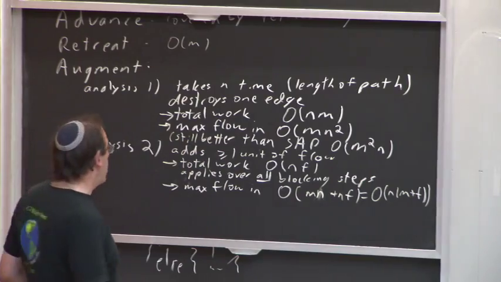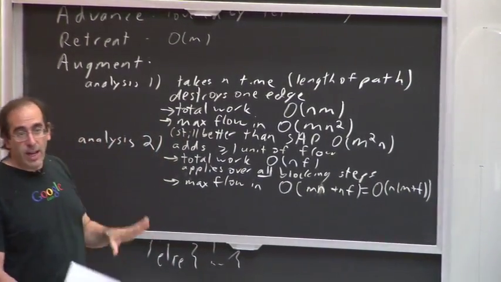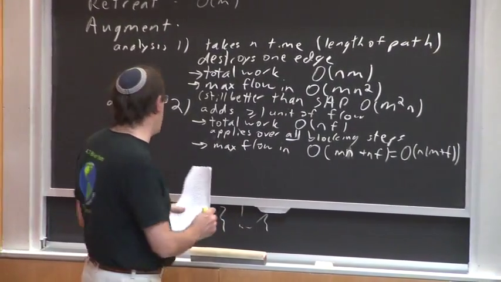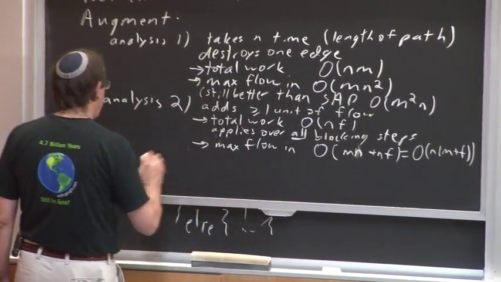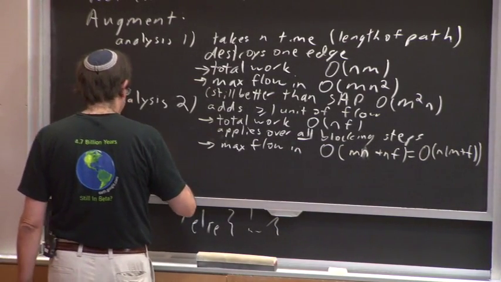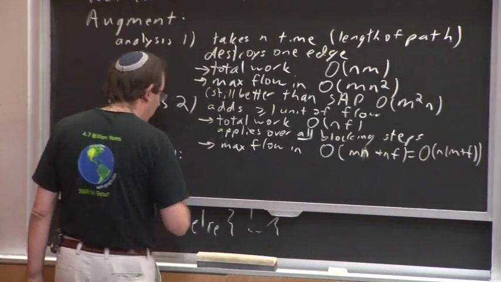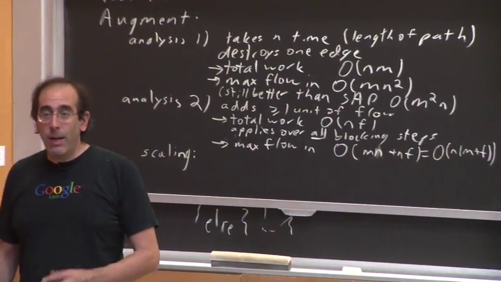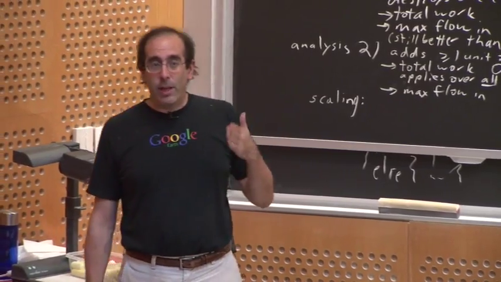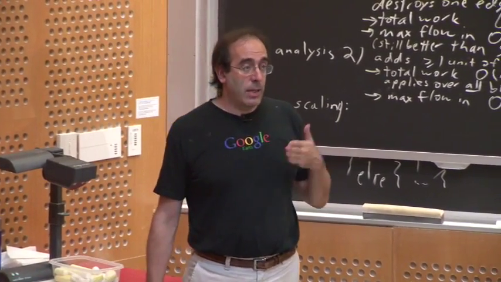Okay. Now, this by itself is kind of nice. I mean, for unit capacity graphs, it can give you a slightly better time bound when the flow is very large. But where it really gets interesting is in scaling. Right? So we talked about scaling, about rolling in 1 bit of the capacity measures at a time.